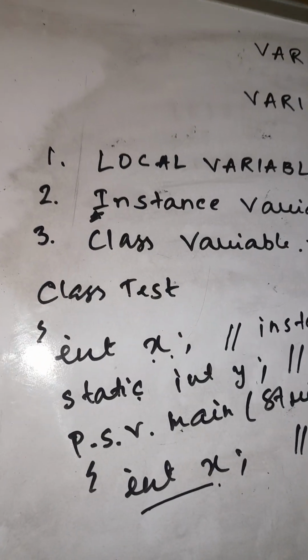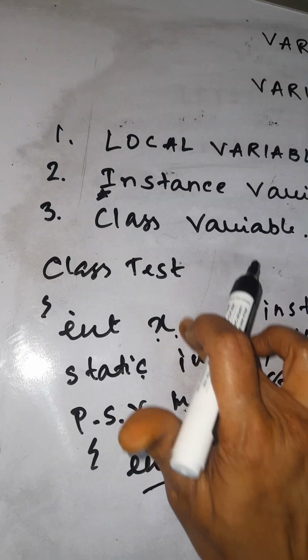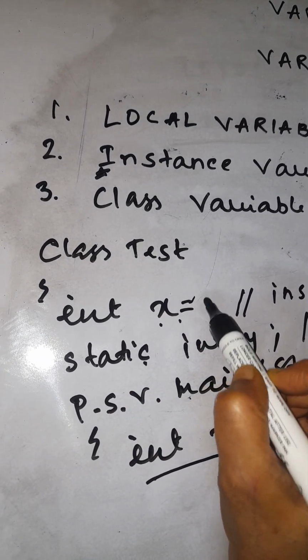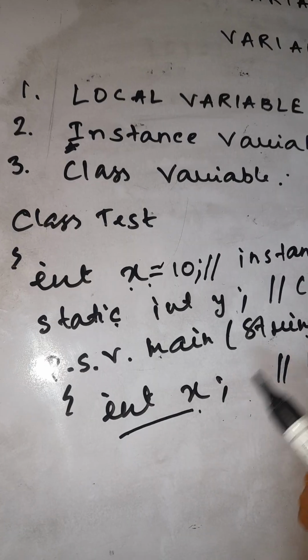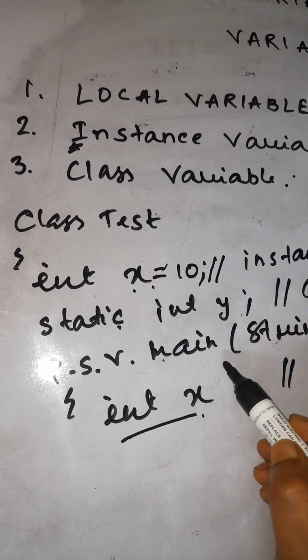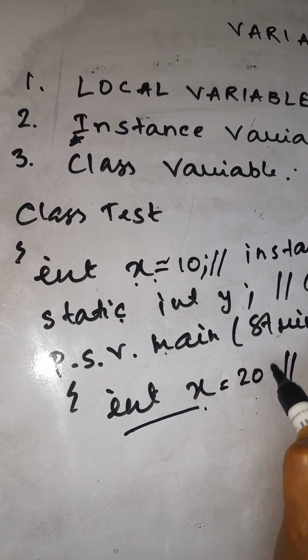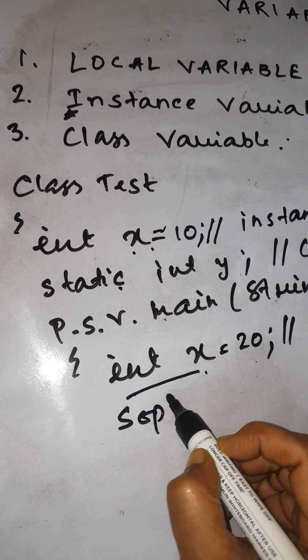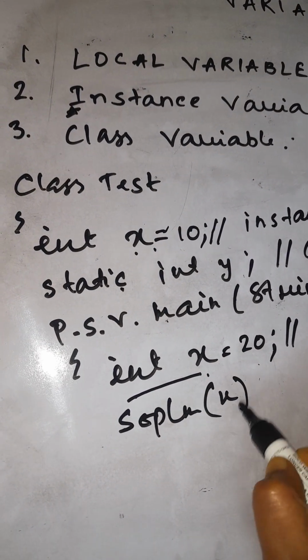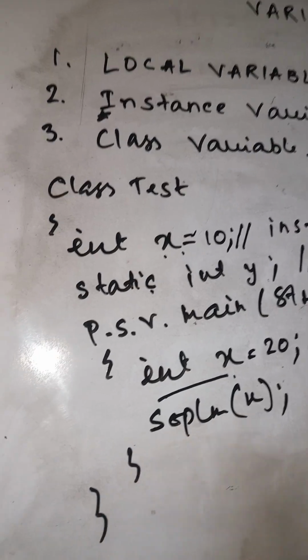Clear? Now maybe this x, I initialized with the value 10, and this local variable x, I initialize with the value 20. Now if you want to print x, what will be the output?